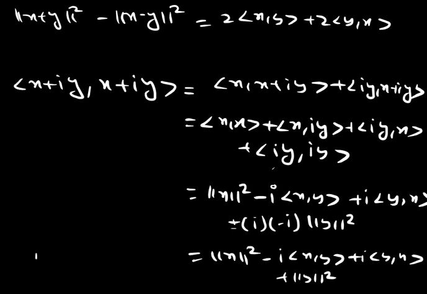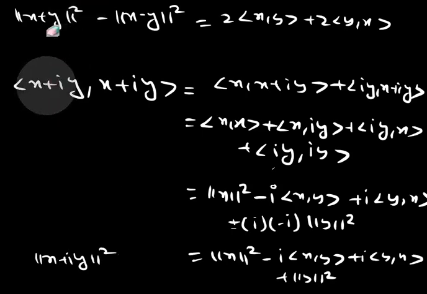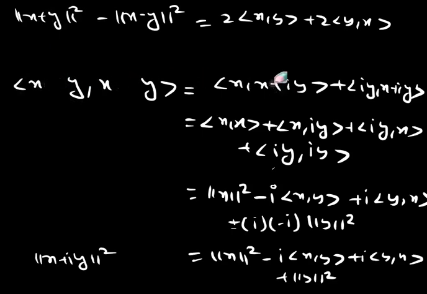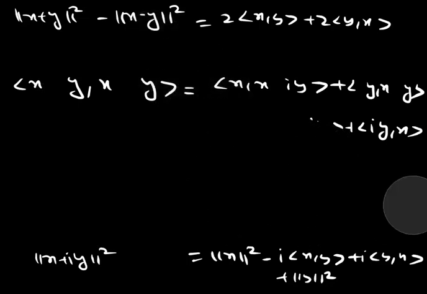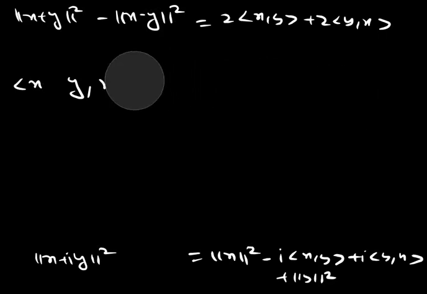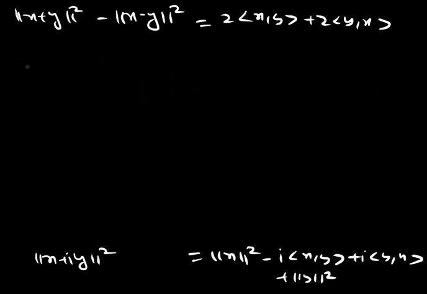This is nothing but norm of x plus iy. Let's do the other part and see x minus iy. What do we get? Let's write it.